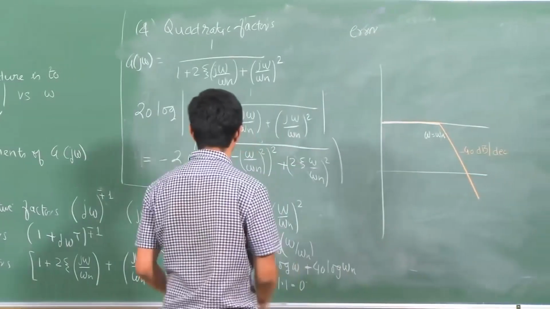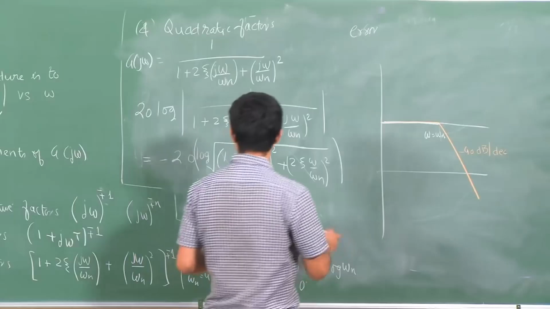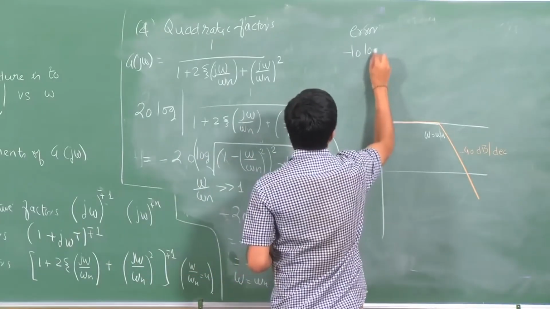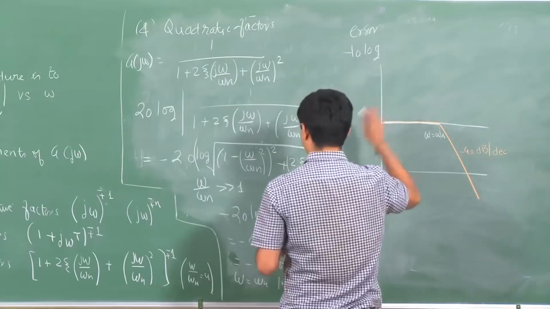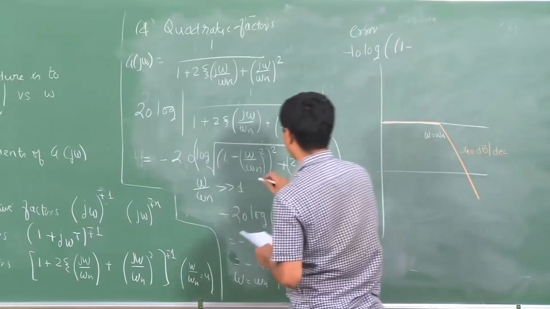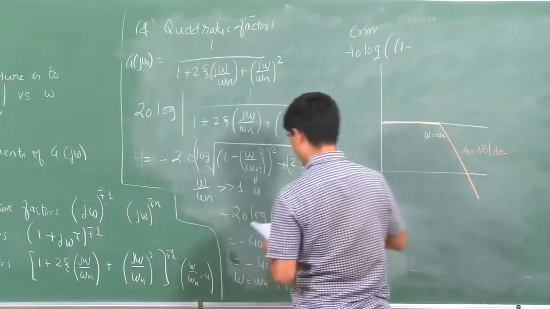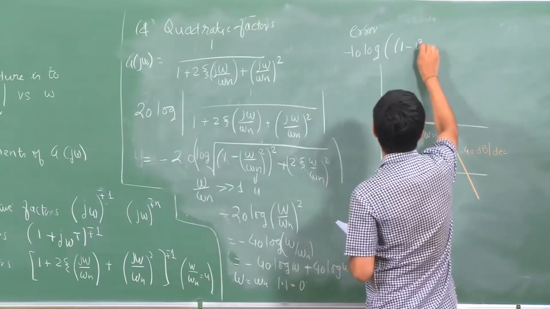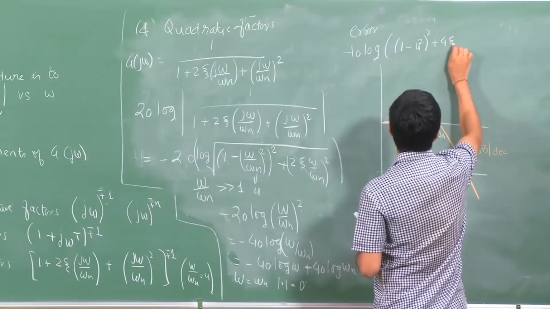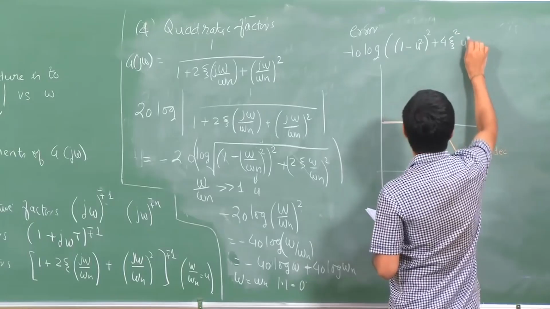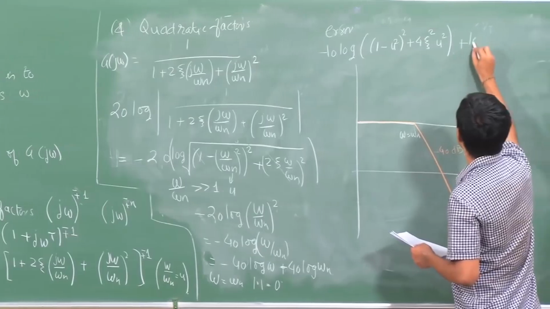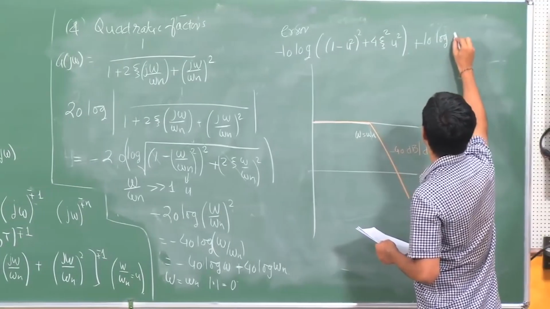So, what is the actual one? The actual magnitude, if I just take the square root here, is minus 10 log of 1 minus u square whole square plus 4 zeta square u square, where I again call this term u, as I used earlier, plus 10 times log of 1.